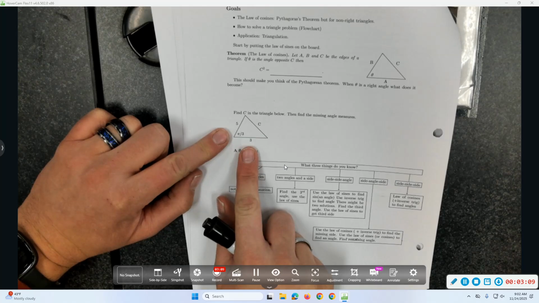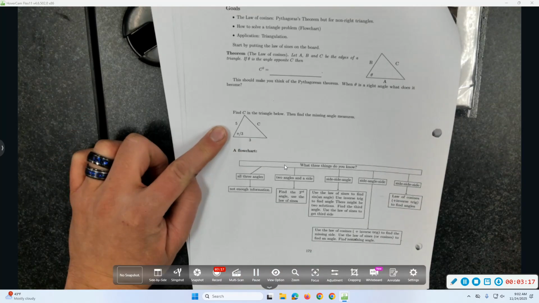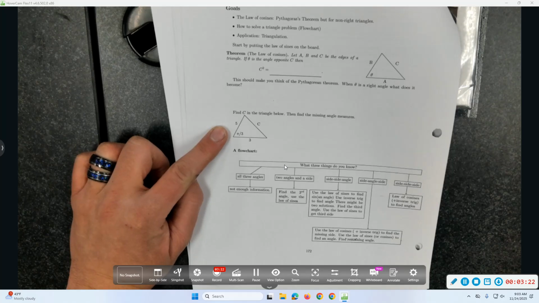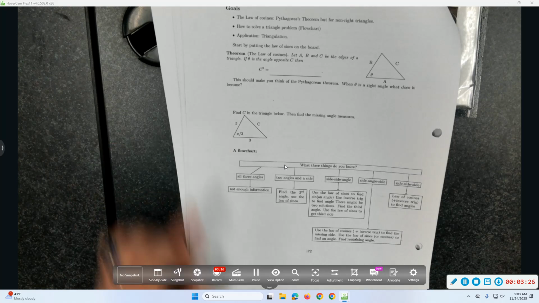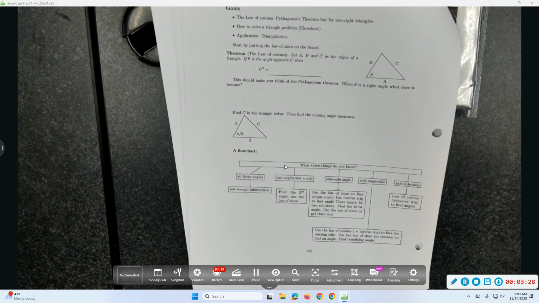Is that set up to be approached with law of sines? Yeah, law of sines needs you to really know a pair consisting of side and angle opposite. Does this have such a thing? No, so we can't really hit it with the law of sines. Law of cosines will give us a different tool.